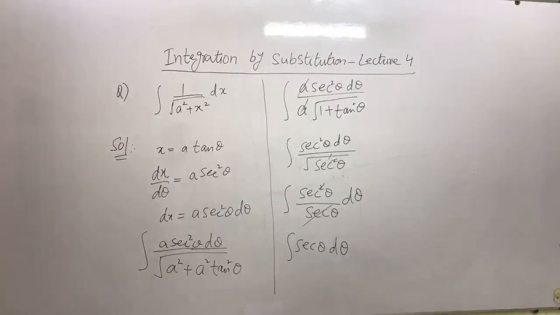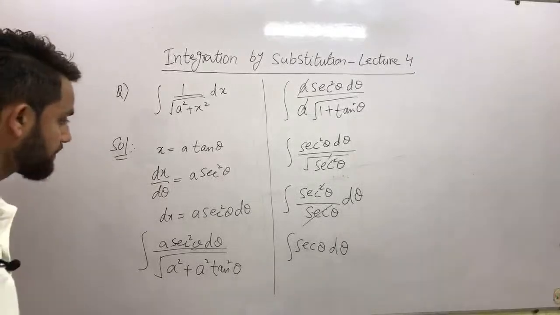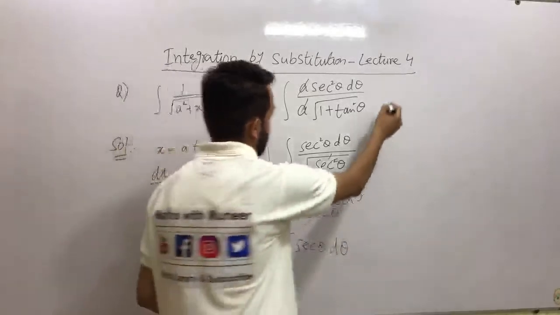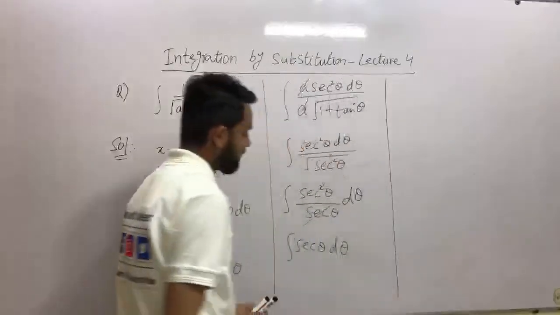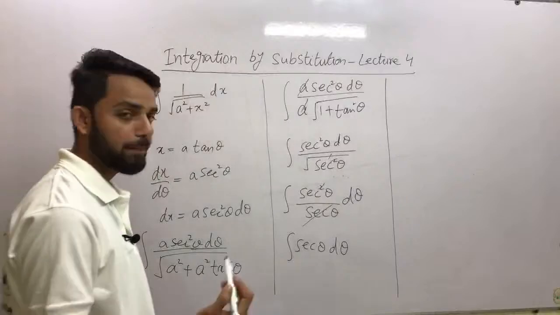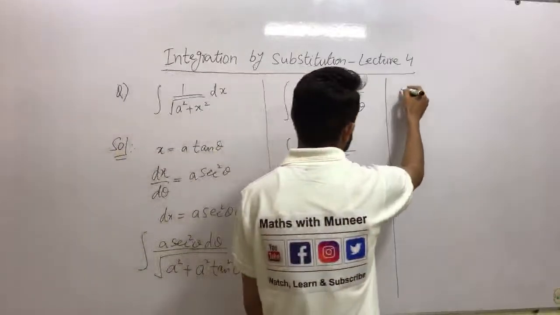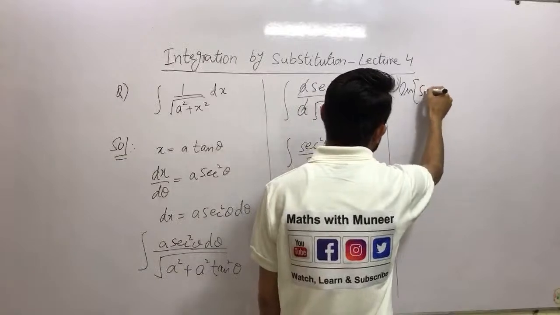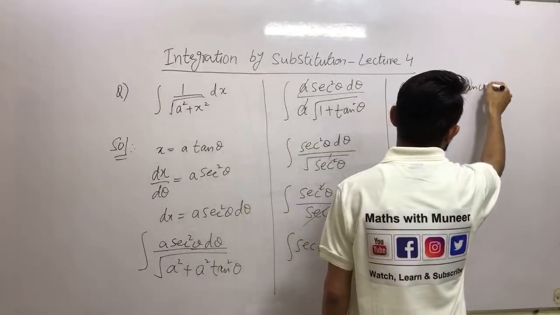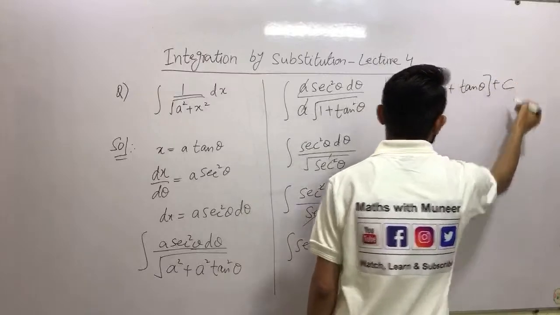Okay, that's fine. Now what is the integration of secant theta? The integration of secant theta is ln of secant theta plus tan theta, plus c, right?